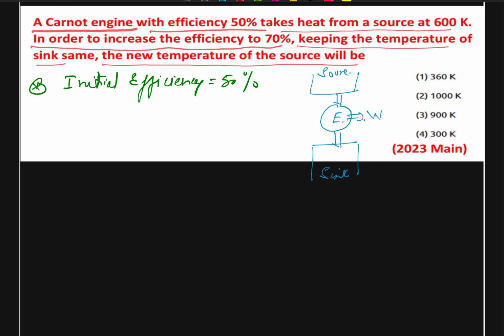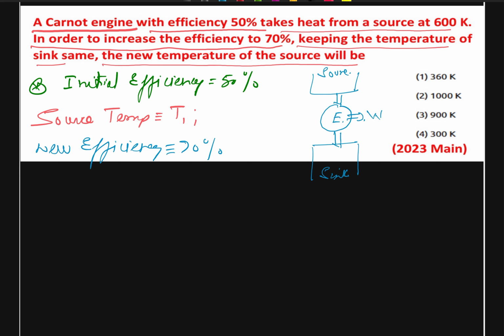Our source temperature is, let us suppose, T1, and our new or final efficiency is 70%.